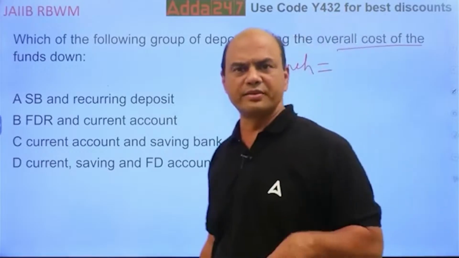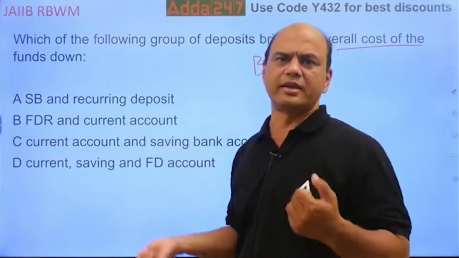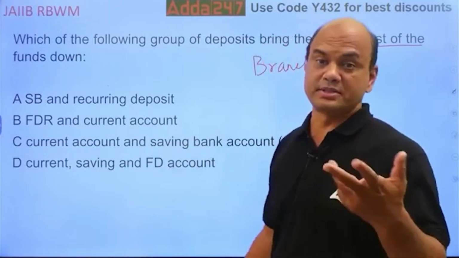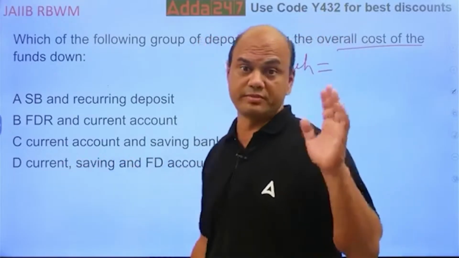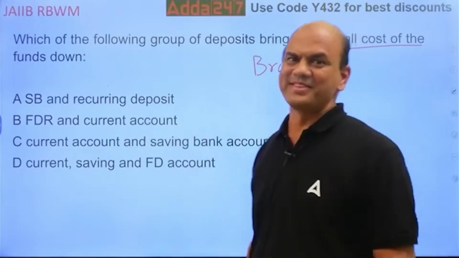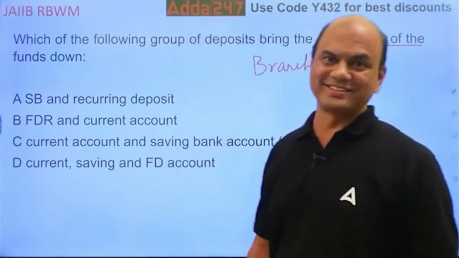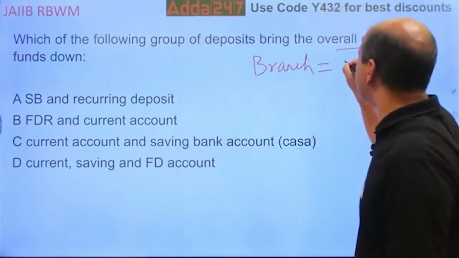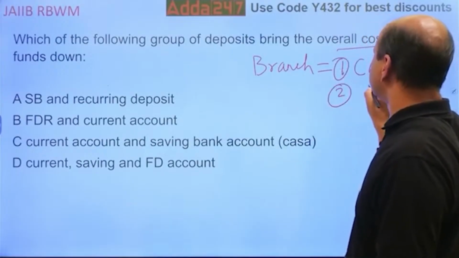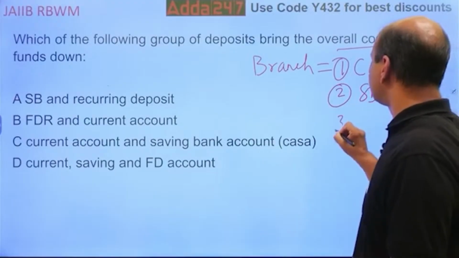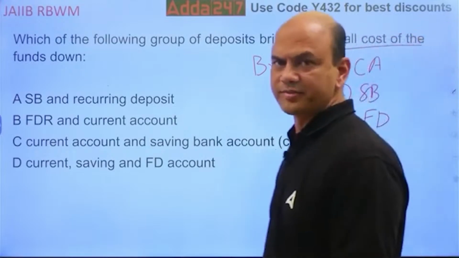Okay, we'll go serially. The best deposit, if I want as a bank, which deposit will I want? Should I require FD or saving or current? Some of you will say savings, but savings I have to give interest, isn't it? Current is number 1. I'll always like current account. Second, savings account. And third, I'll require FD, because FD has higher cost, isn't it?